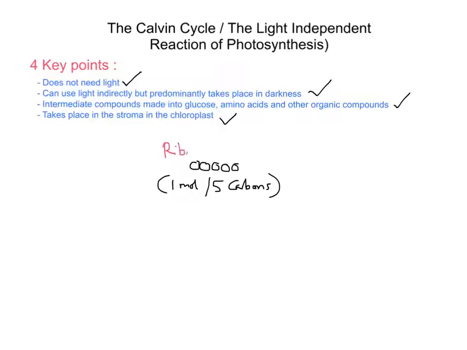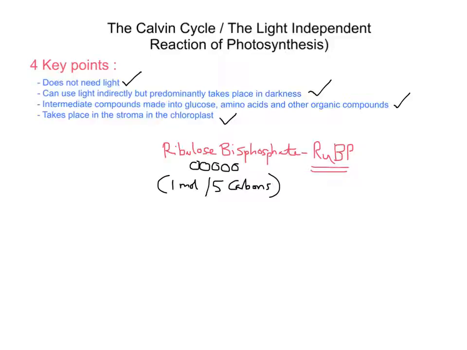So that's ribulose bisphosphate. Now you can see that's quite a chunky name, so often it gets shortened to RuBP. So if you see RuBP in textbooks or on the internet, that's what we're referring to, ribulose bisphosphate. And it's a 5-carbon molecule.